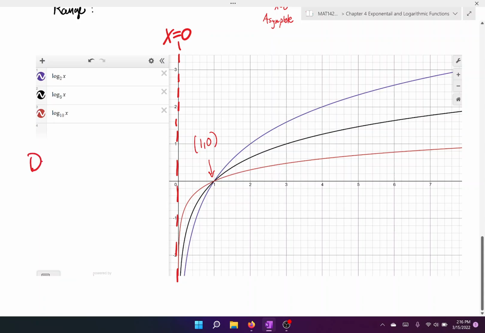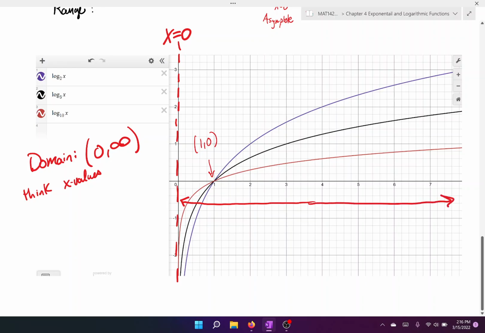Therefore, our domain for each one of these is going to be 0 to infinity. And the reason for that, remember, domain, we need to think x values, okay? So notice I cannot go any further than the x equals 0 asymptote, all right? And I can keep going positive if I wanted to. So that's why our domain is 0 to infinity, not including 0, okay?